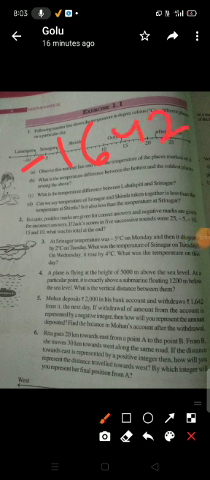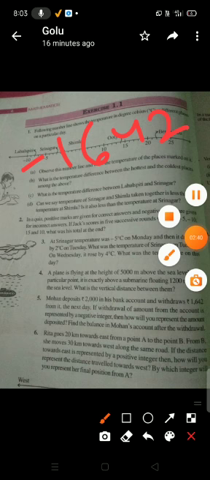And if withdrawal of amount from the account is represented by a negative integer, then how will you represent the amount deposited? We also have to find the balance in Mohan's account after the withdrawal. Is that clear, students?